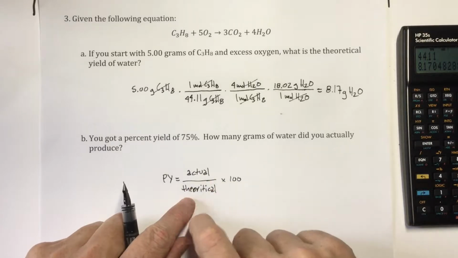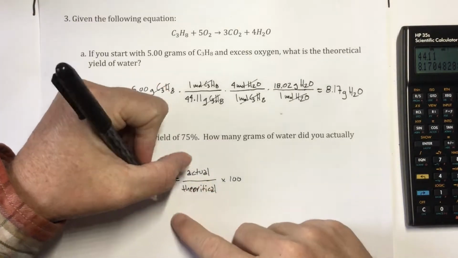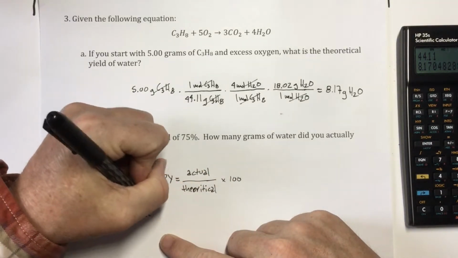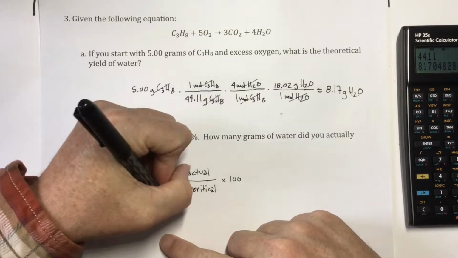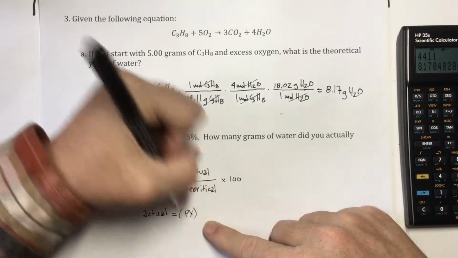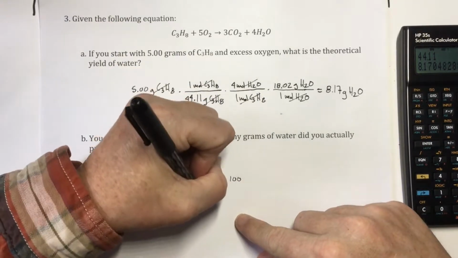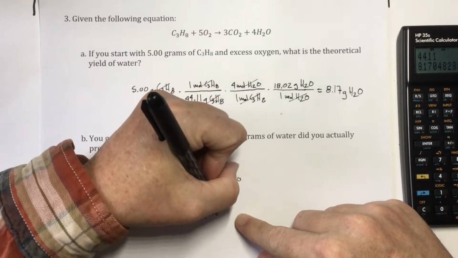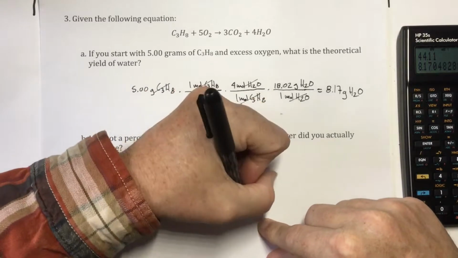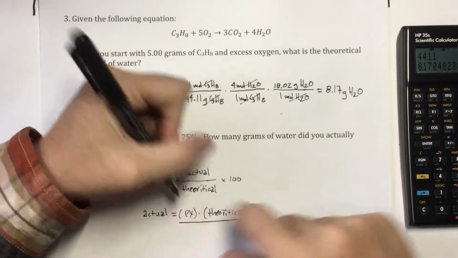So the actual amount, which is what this question's asking for, should be equal to the percent yield times the theoretical divided by 100.